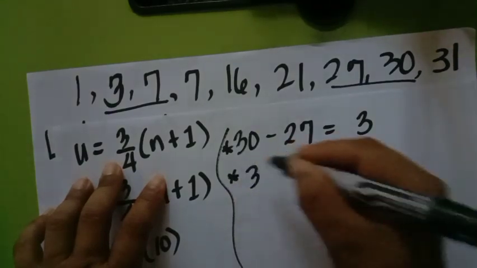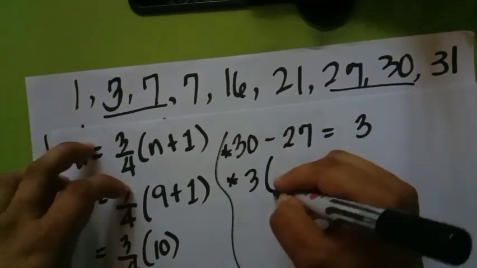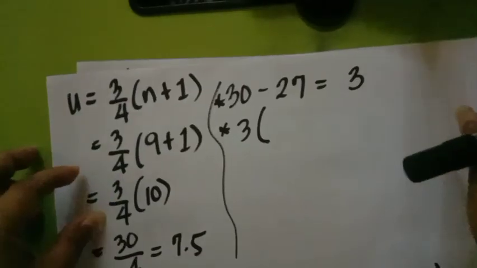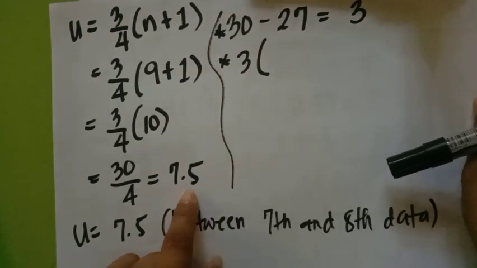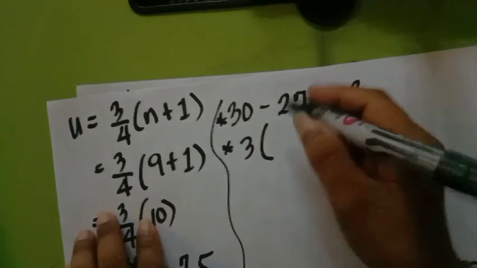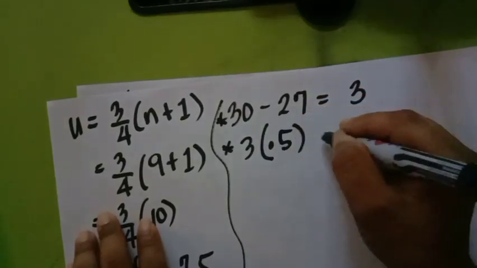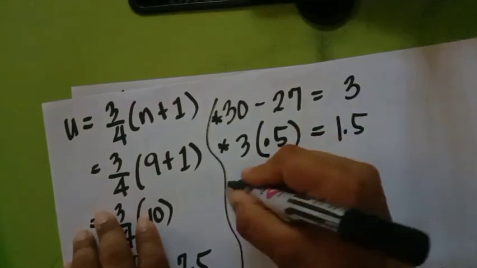Yung 3 na nakuha ninyo, isulat doon sa second step, saan siya i-multiply? I-multiply doon sa decimal point ng U na sinolve natin. So, yung decimal point na nakuha natin is 0.5. So, 3 times 0.5 is 1.5.